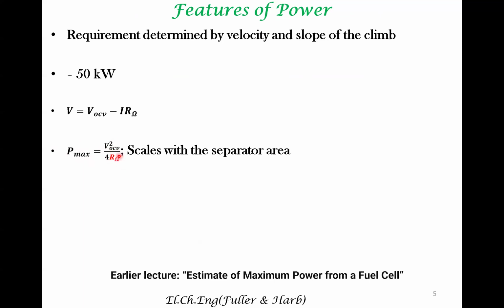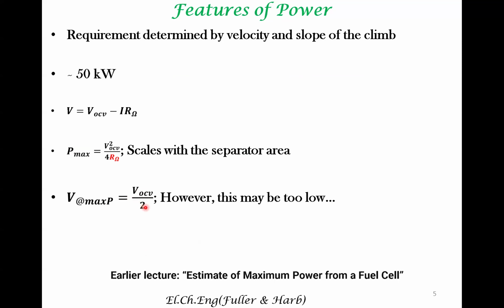One way to do that is to increase the separator area. So if you want to increase the maximum power, you have to scale the separator area. You can again estimate the voltage at maximum power. That can be done quantitatively. Please look at this lecture. That would amount to V_OCV divided by 2.